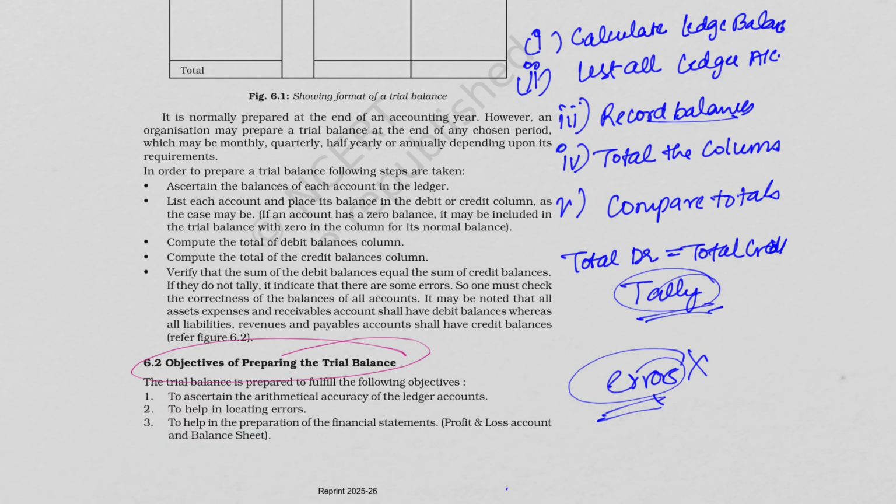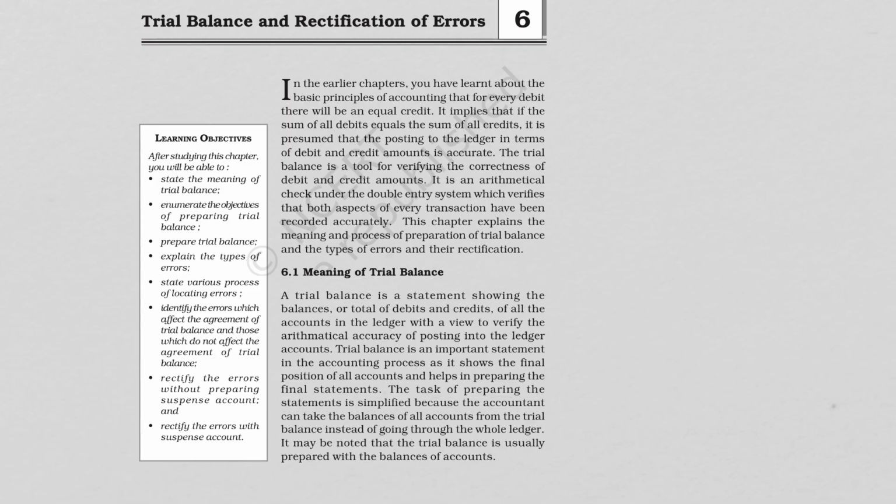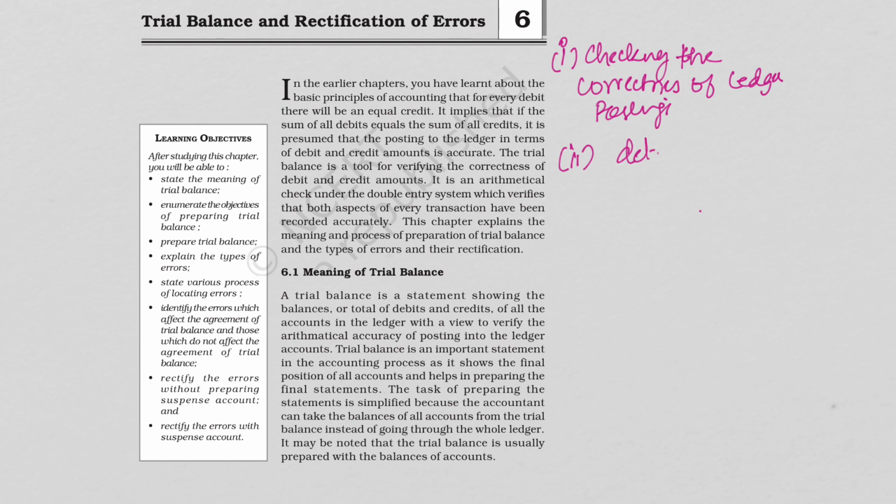Now let us understand the importance of trial balance. Trial balance is an important statement because it performs several important functions in accounting. First of all, it helps in checking the correctness of ledger postings. Secondly, it helps in detecting errors in accounting records.